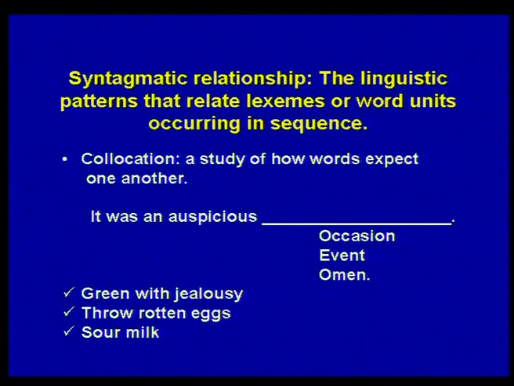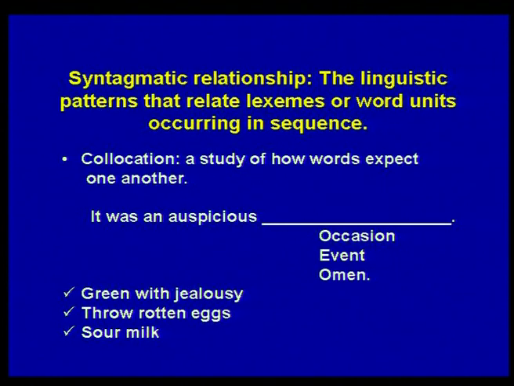Now, let us go on to the syntagmatic relationship of words. Paradigmatic relationship occurs when the words can be substituted, but as I have told you before, syntagmatic relationships look at the linguistic patterns and the way they relate to one another in a certain sequence.